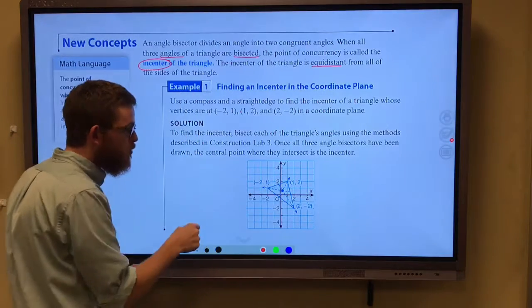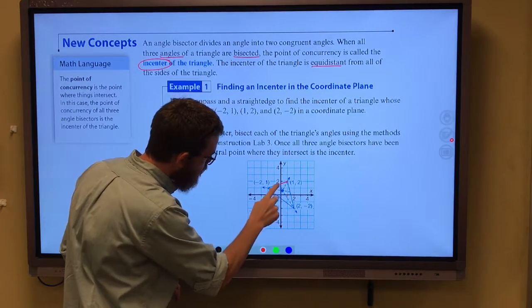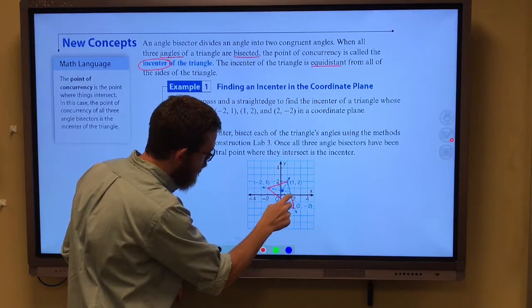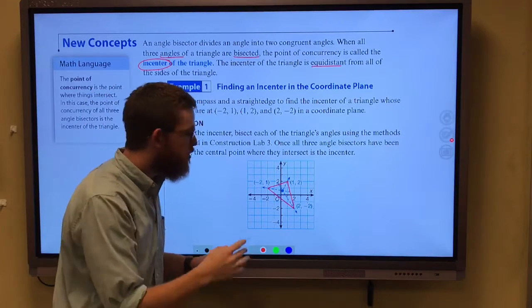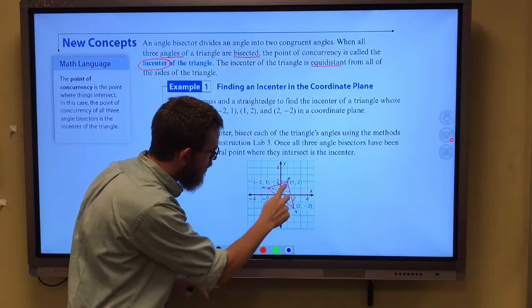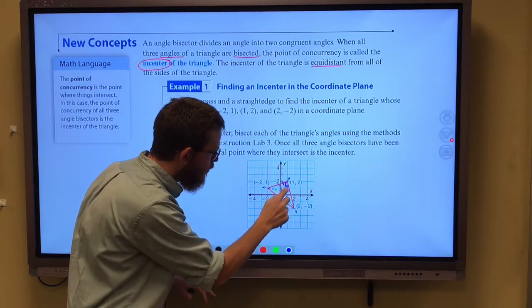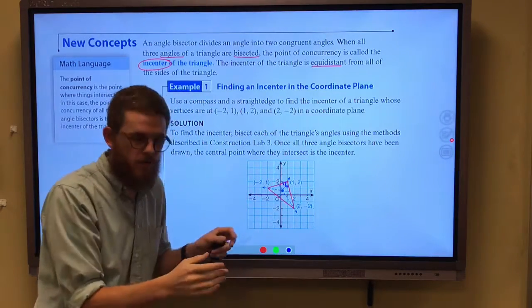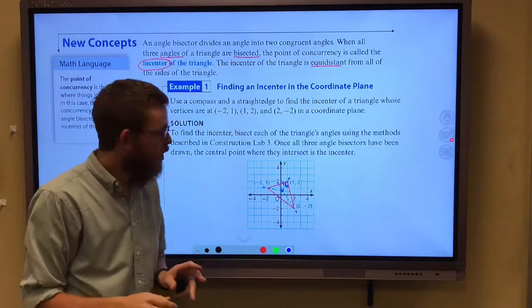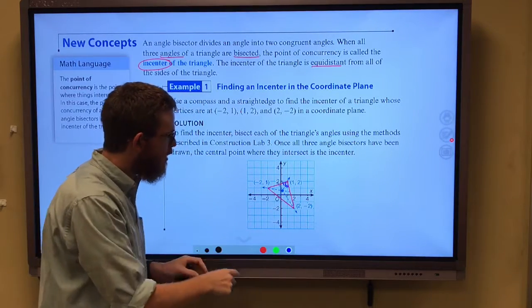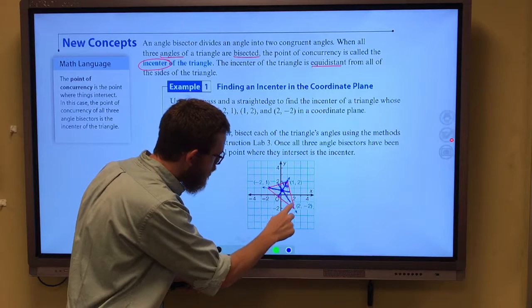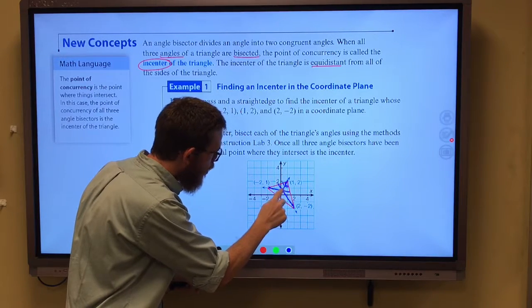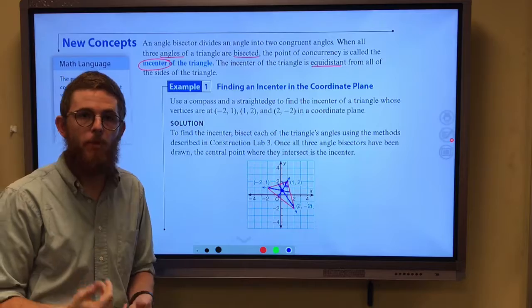Okay, now notice what happened here. Here's our triangle. There are the three vertices plotted. But when we find the angle bisectors, it bisected each angle, so each angle split into two congruent pieces, and that happened 3 times, and these lines that are drawn all intersect at the same point.